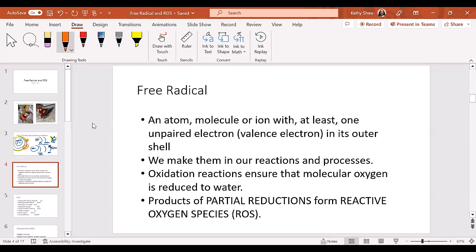Remember, oxidation is losing an electron, reduction is gaining it. One molecule can't lose it without another one gaining it. You can't gain an electron without another molecule losing it. So it's all about oxidizing and reducing, except we're going to have partial reductions. We'll talk about what that means in a minute.